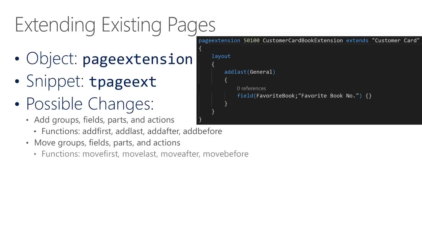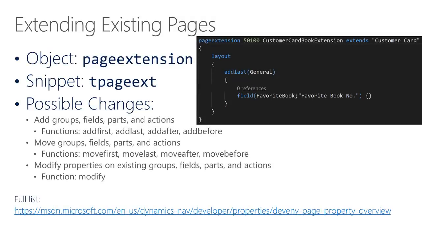The second type of object that is important for displaying data is the page extension object, which is used to extend existing pages. The name of the object is page extension, and the snippet that we use is tPageExt. Possible changes that you can make are adding a group or a field or a part or an action.